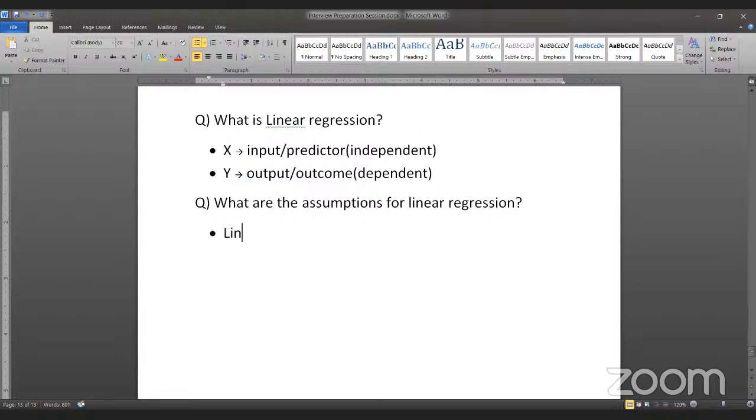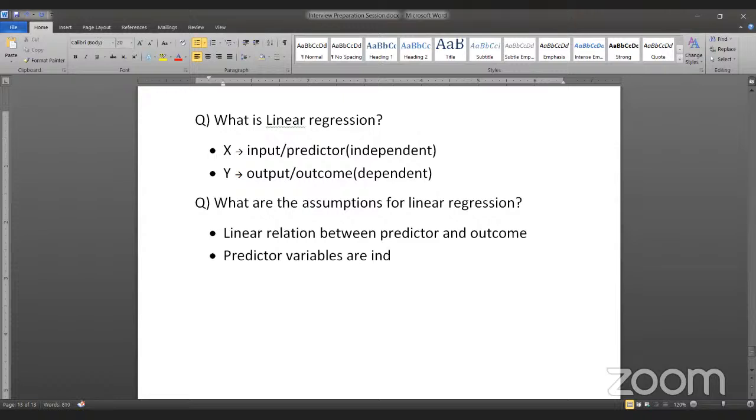So, linear relation between predictor and outcome. Predictor variables are independent of each other.